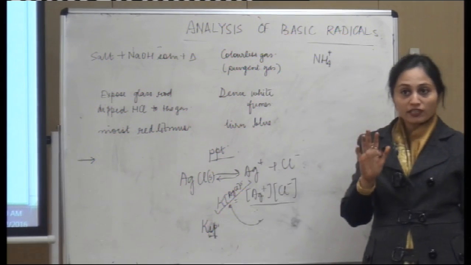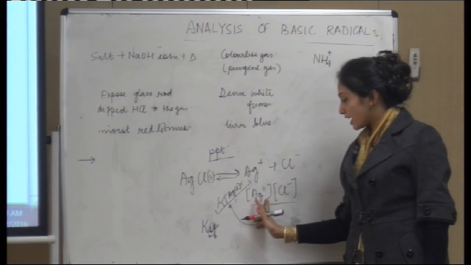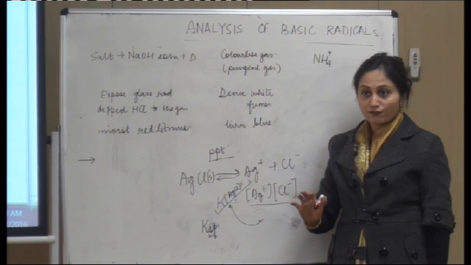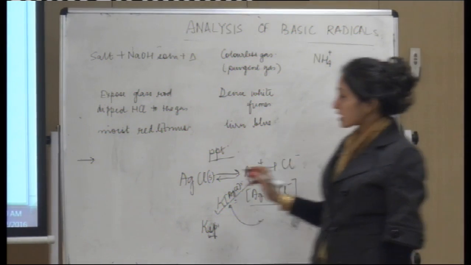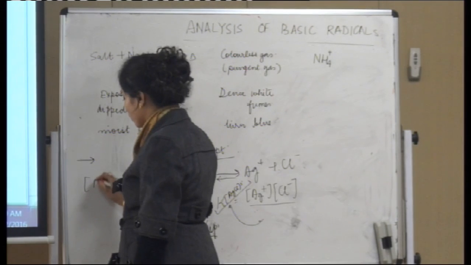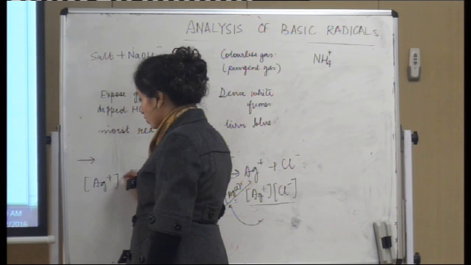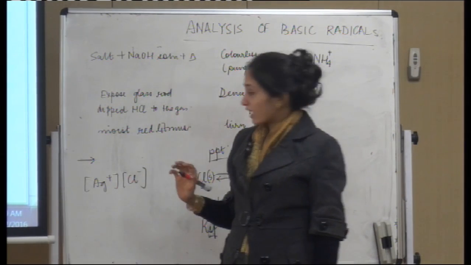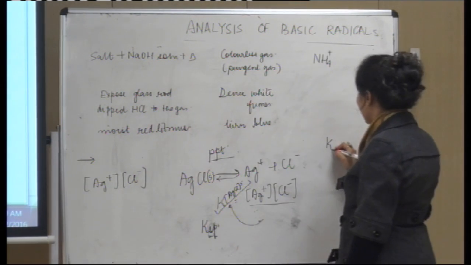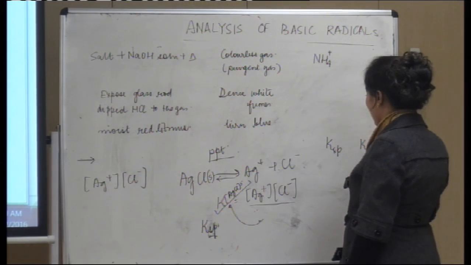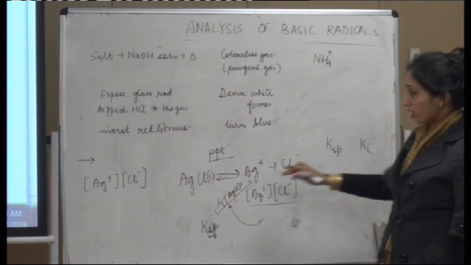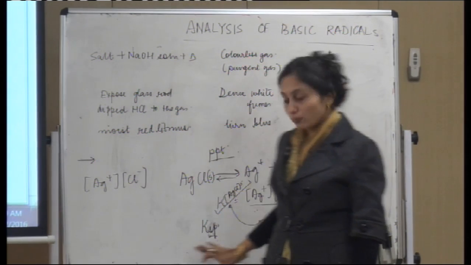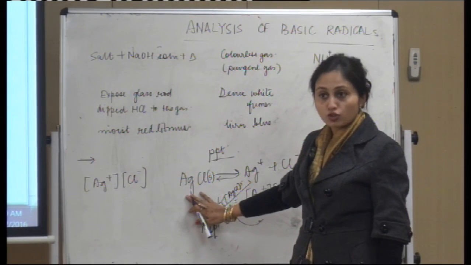Now solubility product is like this: Ag plus and Cl minus remain dissolved in the solution itself. And there is something known as the ionic product. Ionic product is whatever concentration is extra. You get the point? So now there is a relationship between your solubility product and your ionic product. Solubility product would be a constant for a particular salt.